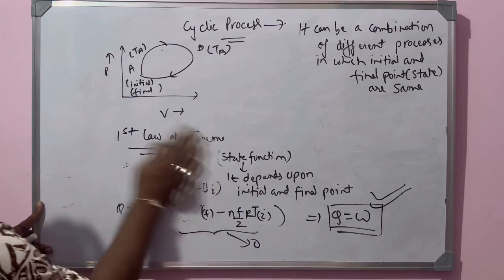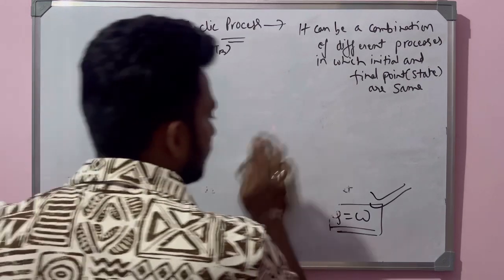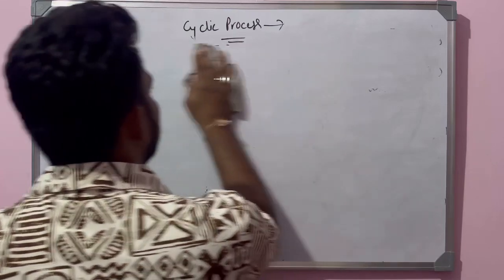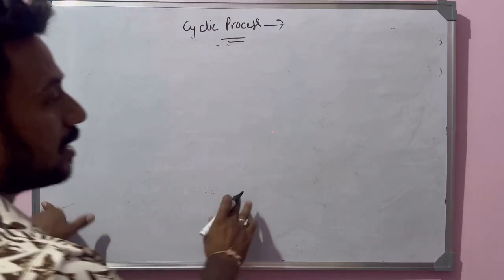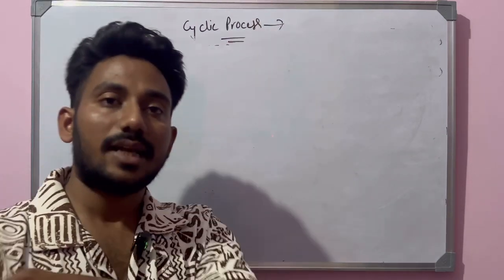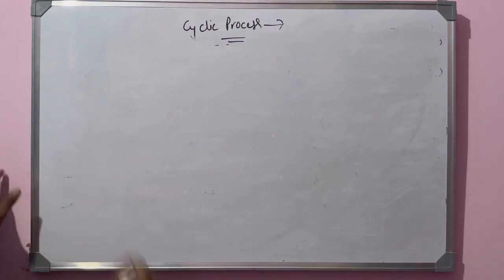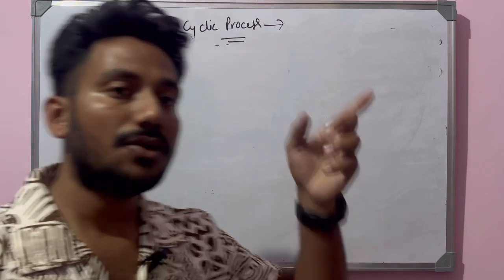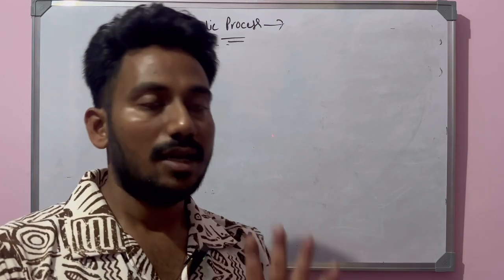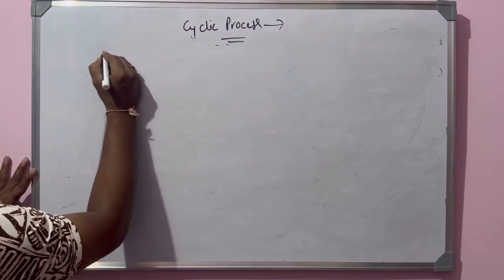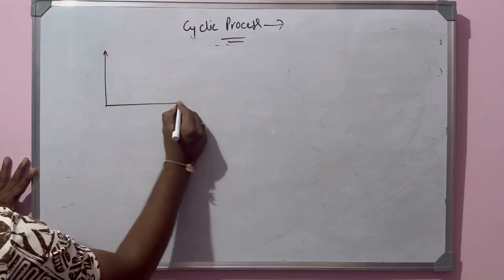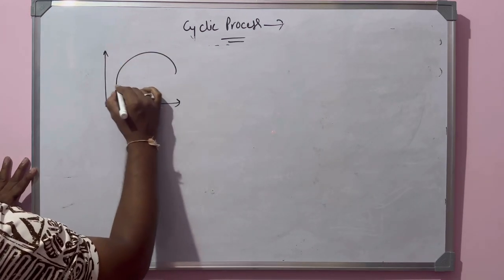I'll erase this. Now, for cyclic processes, you can have two types, because a cycle can go either clockwise or anti-clockwise. Based on this, we'll have two types of cyclic process.